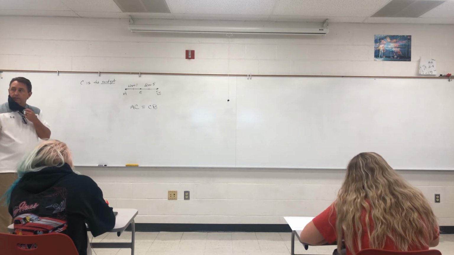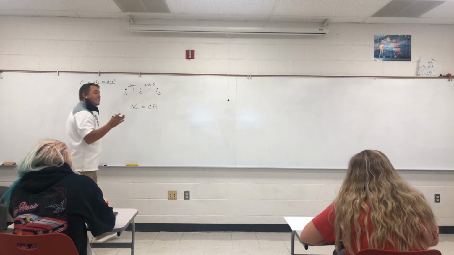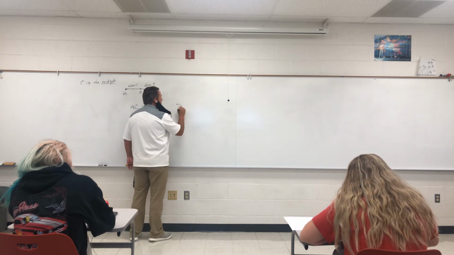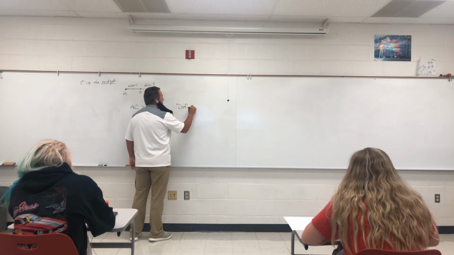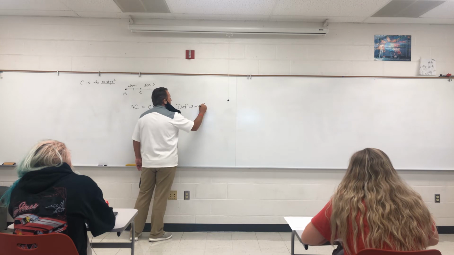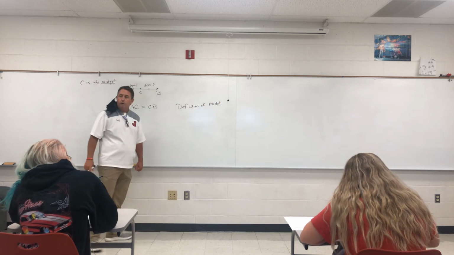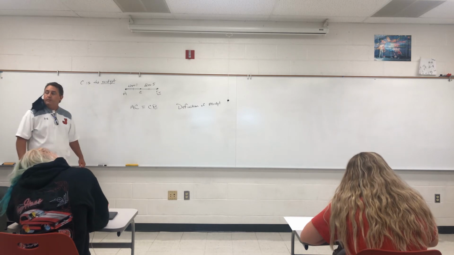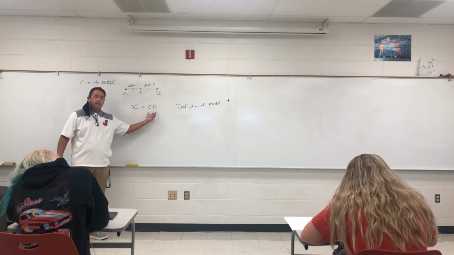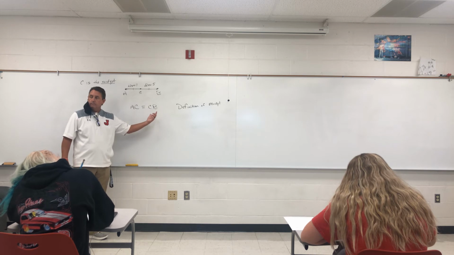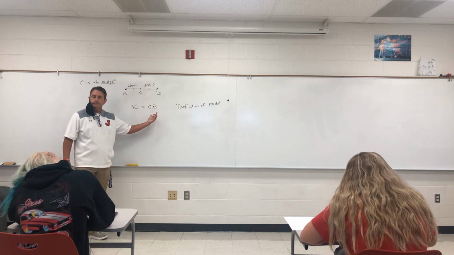Does that make sense, everybody? So what you're saying is right. So our reason always here is just going to be this. Because that's what a midpoint does, doesn't it? Splits up into two equal parts. So anytime there's a midpoint and we're saying these two parts are equal, that's the definition of midpoint.